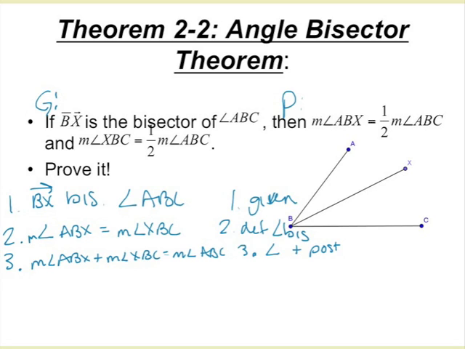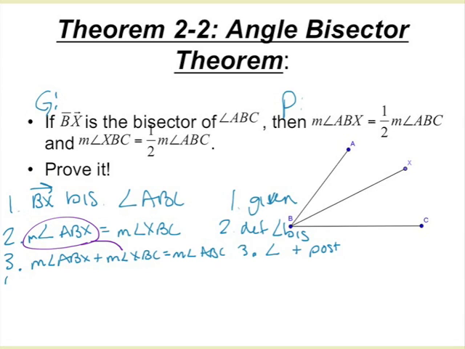Then again, if we're comparing this to the first one, what we did is now we wanted to combine our information of steps 2 and 3, saying in step 2 we said two things are equal. In step 3 we talked about those things again, so we might as well stop using two names when one will do. And instead of saying ABX and XBC, we can plug in one for the other.